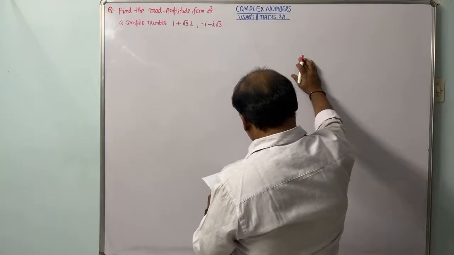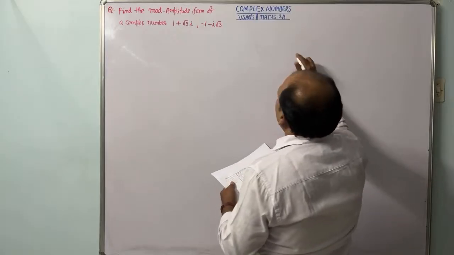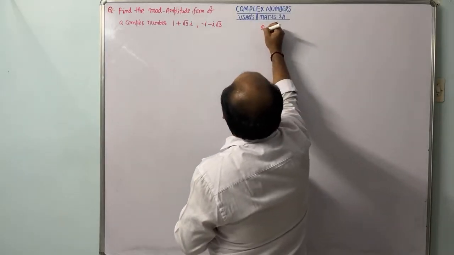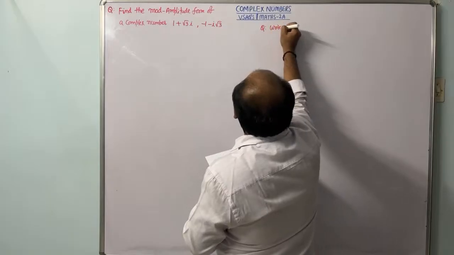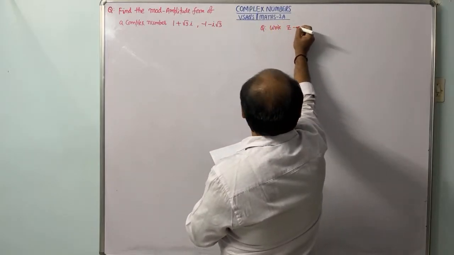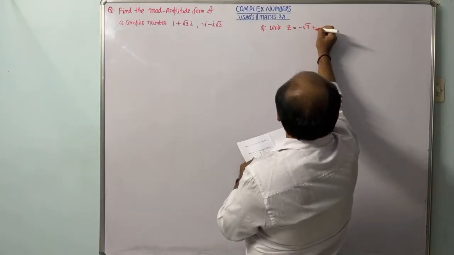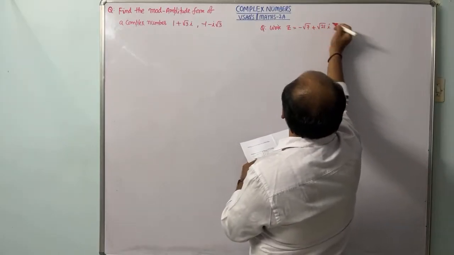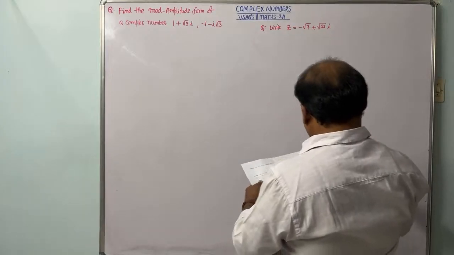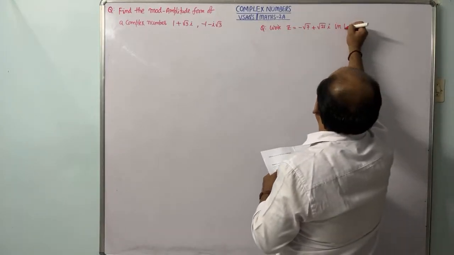Similarly, another question. Write z equal to minus root 7 plus root 21 i in the polar form.